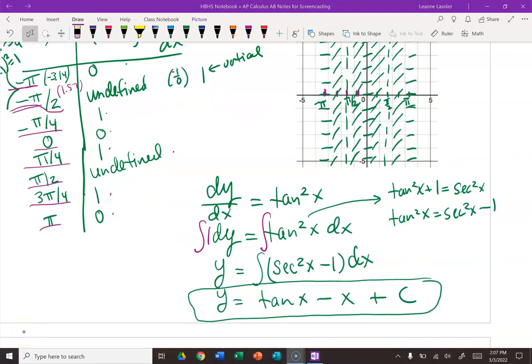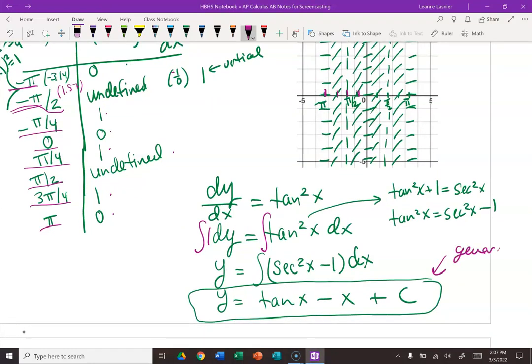So then when you go to solve this differential equation to get the general solution, which is right here, we have to use a trig identity because we do not have a formula that tells me the antiderivative of tangent squared. But what we do know based on our trig identities is that tan squared x plus 1 is equivalent to secant squared.